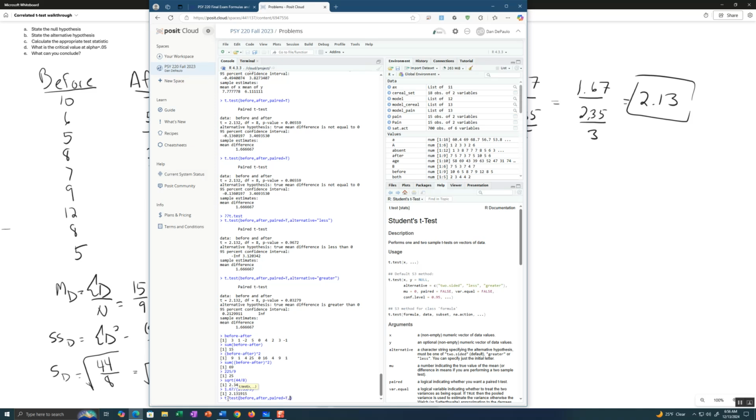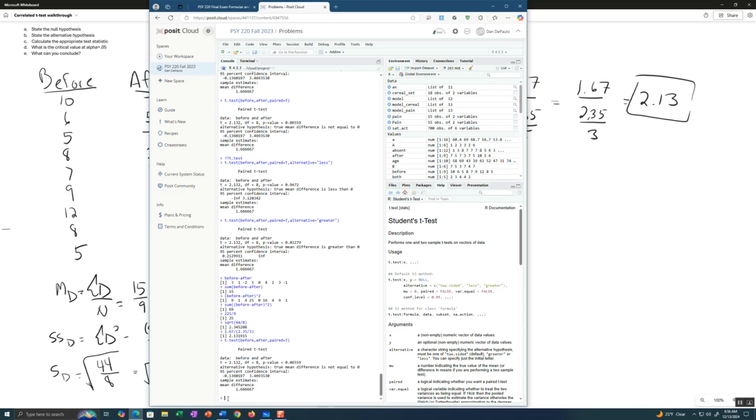And alternative, well, we don't need that right now. Paired is true. And that gives me 2.13 on 8 degrees of freedom. And you can see the two-tailed value is not significant, but we're not going to be doing two-tailed. So this was just to check the calculation.